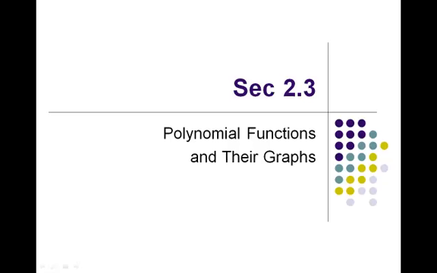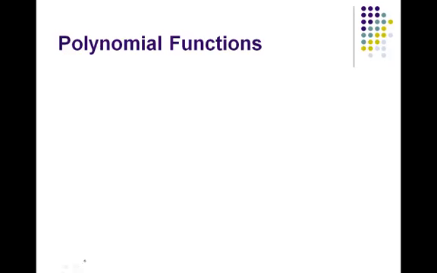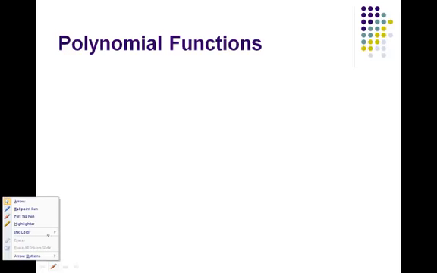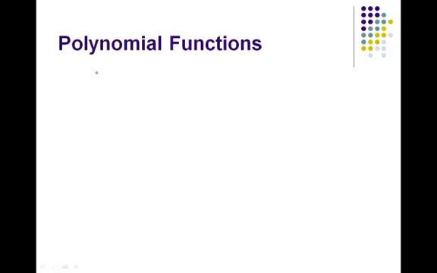Section 2.3 is about polynomial functions and their graphs. First of all, what is a polynomial function? Well, a polynomial function is any function that is made up of a series of terms, and we list them from the highest degree to the lowest.